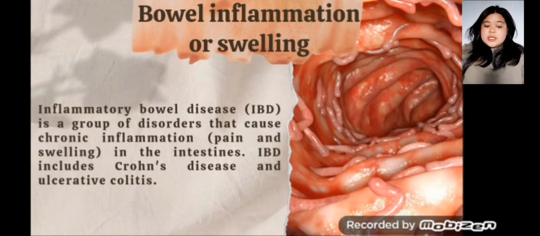IBD is a term for two conditions, Crohn disease and ulcerative colitis, and these conditions are characterized by chronic inflammation of the gastrointestinal or GI tract. Both of these disorders affect the digestive system. If not treated immediately, the inflammation results in damage to the GI tract.